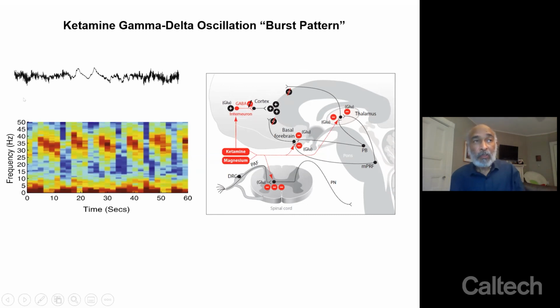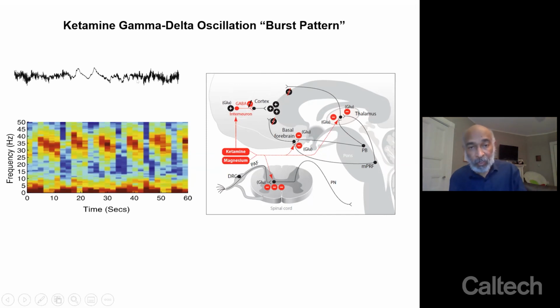If you give them a dose of ketamine sufficient to produce profound unconsciousness so you can conduct surgery, you have this very cool pattern: high frequency, then slow oscillation, then high frequency and slow oscillation. That's what you're seeing here in this spectrogram. Here's the high frequency, slow, high frequency, slow. And this is in humans. The period between the slow and the high frequency is about 4 seconds or so.